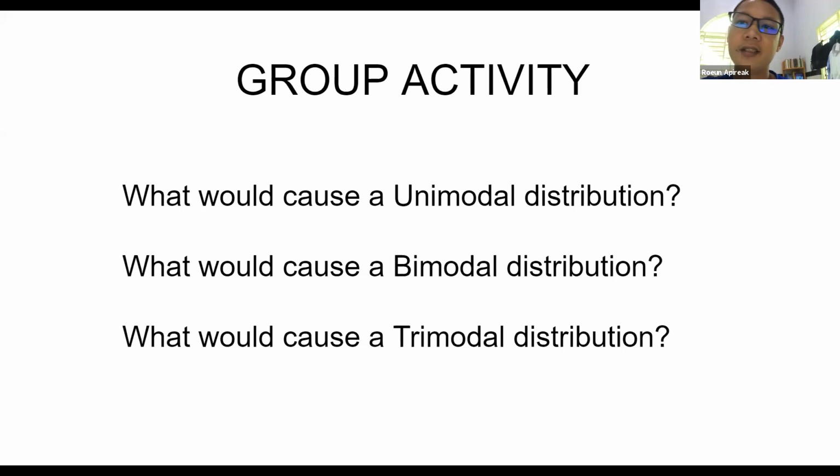That is the unimodal distribution. But for the next, bimodal distributions, if we look and see there are two peaks, it means there are two increases, two periods of increasing value of the US dollar.